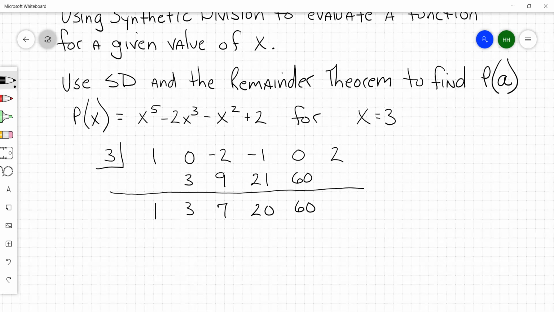And 3 times 60 is 180. 2 plus 180 is 182. So your P of 3 is equal to 182. Or if you substitute 3 back into this equation, wherever there is an x, it will be equal to 182.